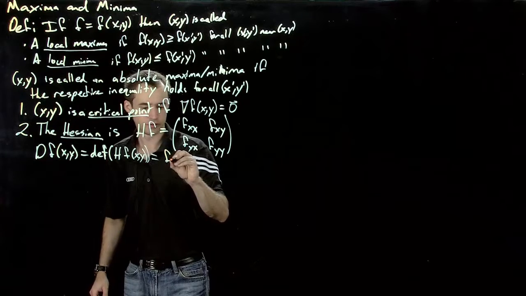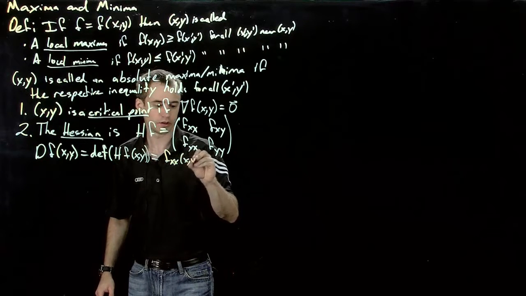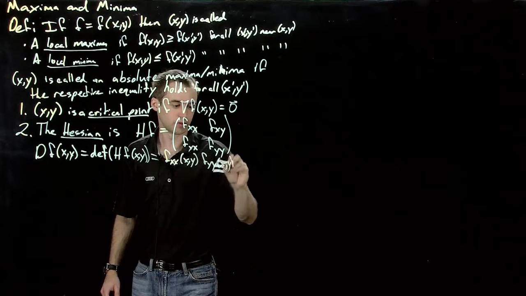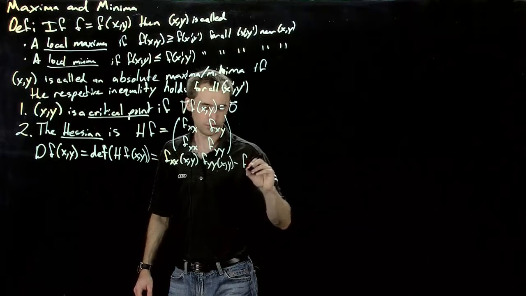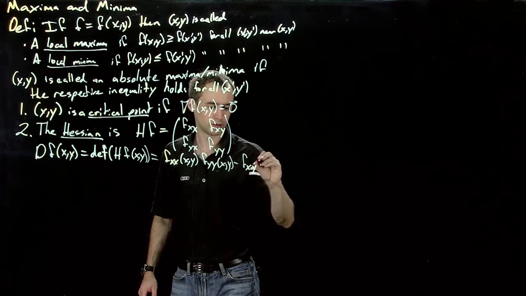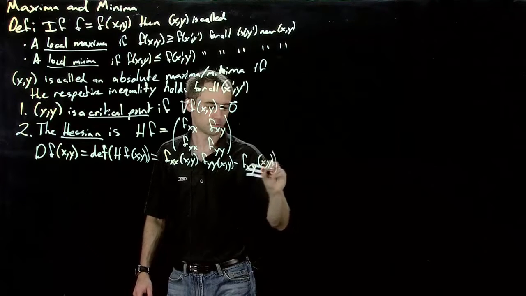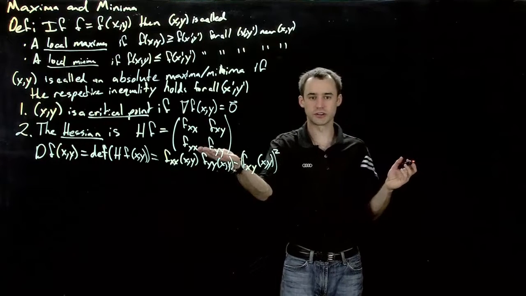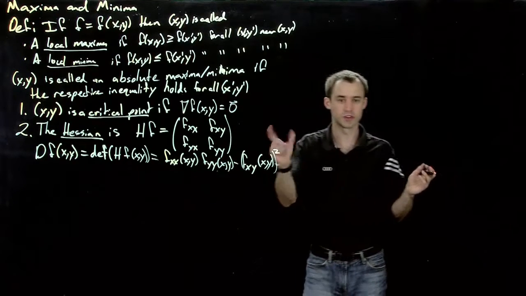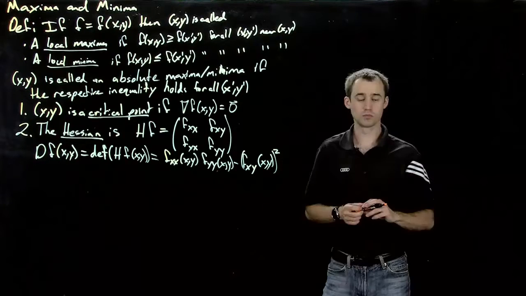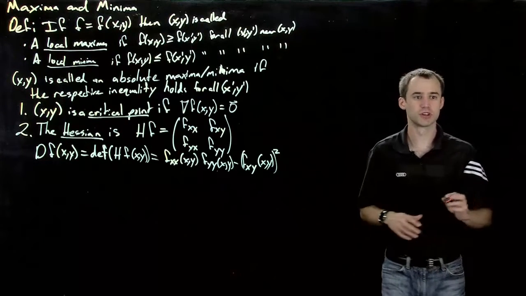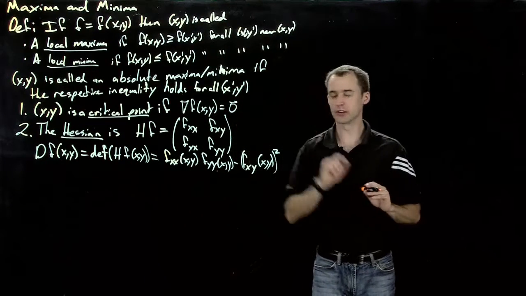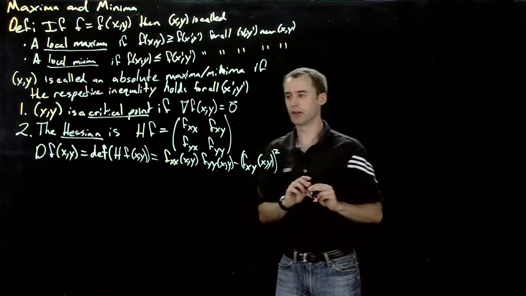So this is f_xx at (x,y) times f_yy at (x,y) minus f_xy at (x,y) squared, because we're only really talking about functions that are sufficiently continuous so we can exchange the second derivatives. So the third step in the process, we use both the determinant of the Hessian and one of these second derivatives. We might as well pick f_xx.